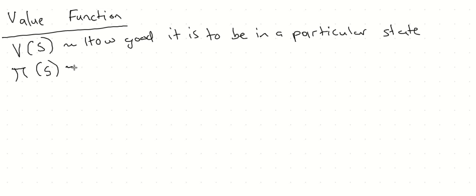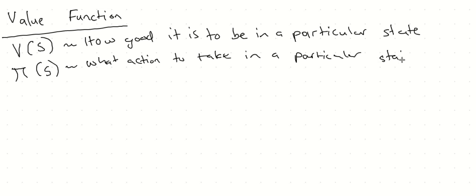Well, this is what action to take in a particular state, right? So this pi of s gives us information of what action we are supposed to take. We denote it as pi of s.